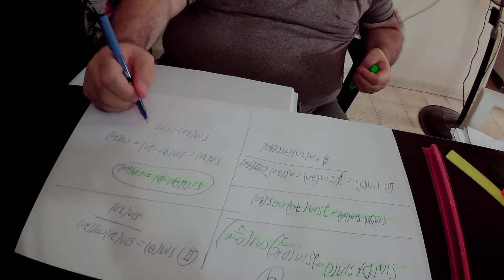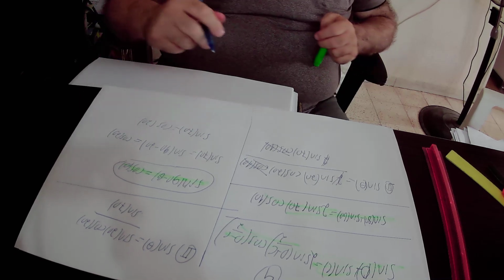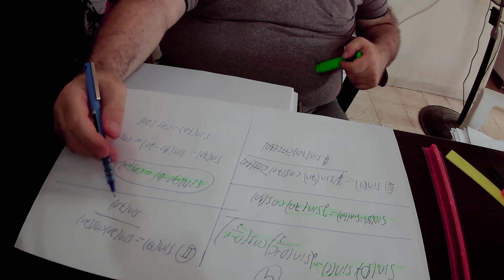Therefore, we can substitute sine 70 degrees by cosine 20 degrees in equation number 2.